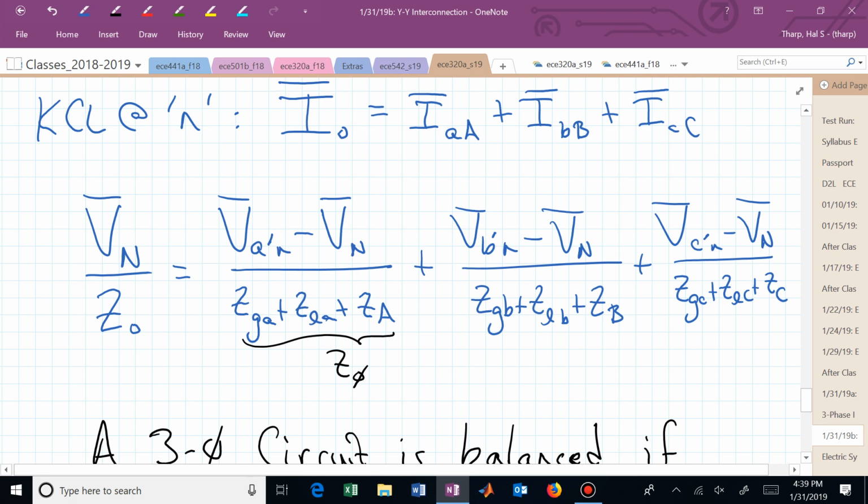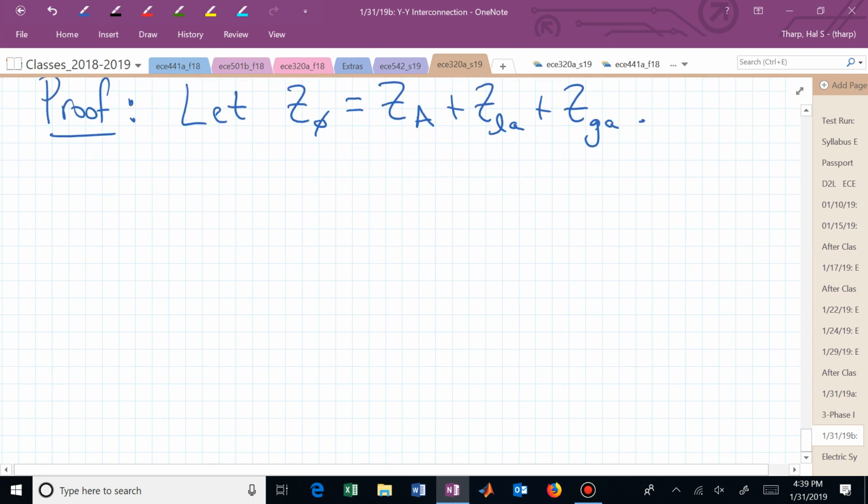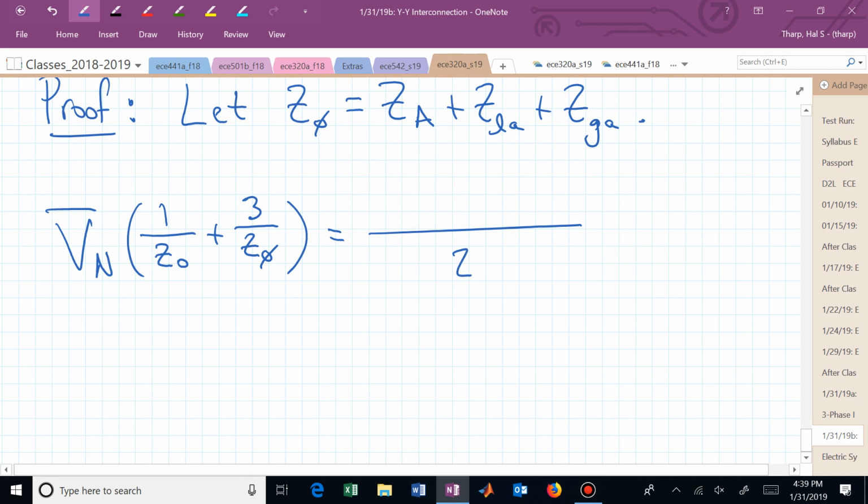That's the formula that we want to now write down. V sub n times 1 over Z sub 0 plus 3 over Z sub phi is equal to the sum of V sub A prime n plus V sub B prime n plus V sub C prime n, over Z sub phi. And you know what that equals.